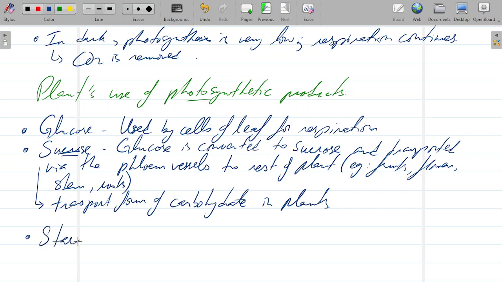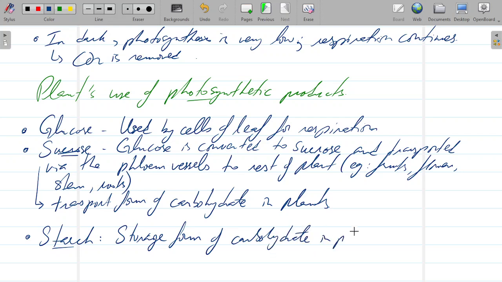Then you have starch. Starch is the storage form of carbohydrates in plants.